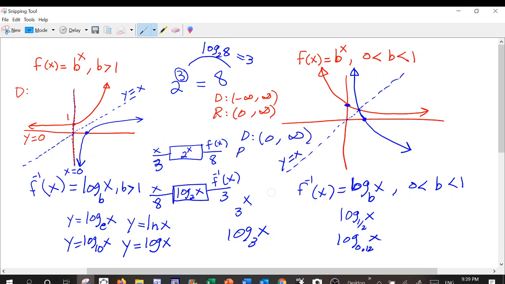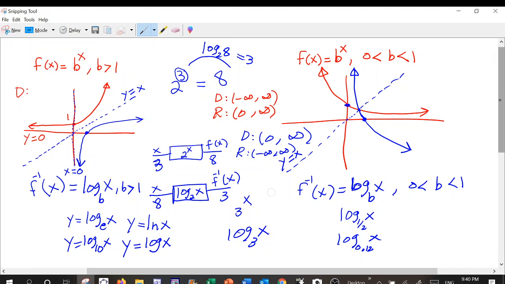And the range is all real numbers. So you can think of switching these two, or just look at the graph. See, the range is all real numbers here. Also, the range is all real numbers here. This thing is going to go, eventually, to all real numbers, right? Okay, so that's how we graph logarithmic functions and exponential functions.